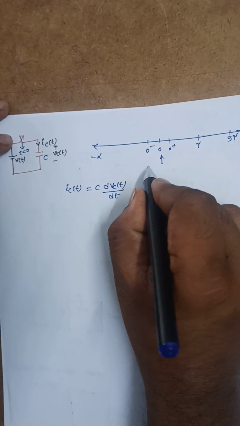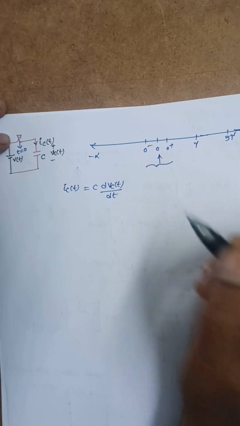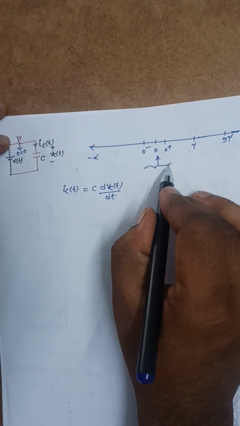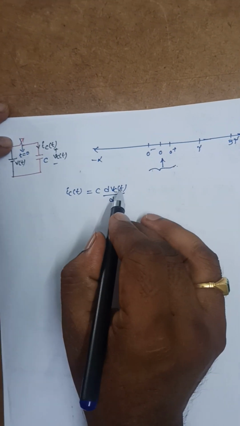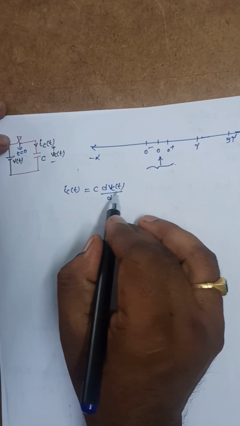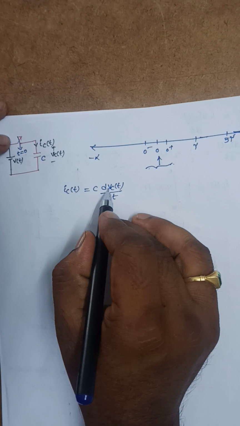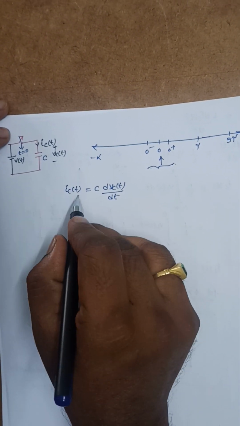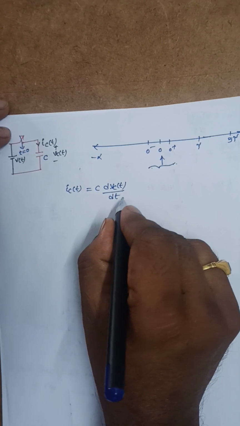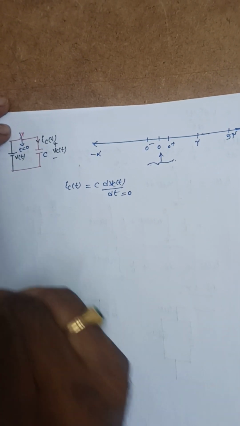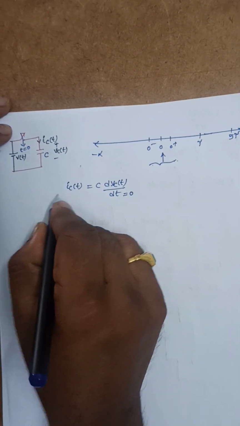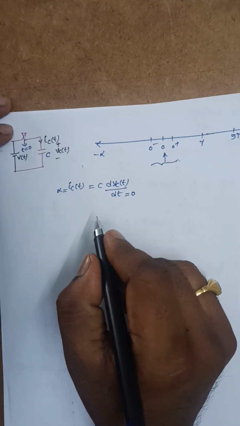My intention here is from 0 minus to 0 plus. Within this short duration, if I want to get a change in the voltage across the capacitance, then the current that I need to send through the capacitance is infinity, because dt is approximately 0. Whenever it is 0 in the denominator, the value is infinity.